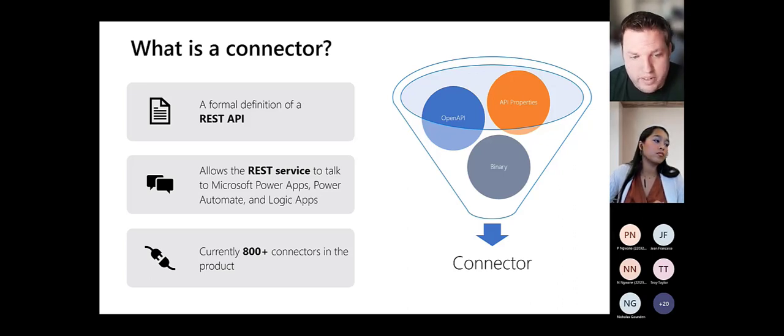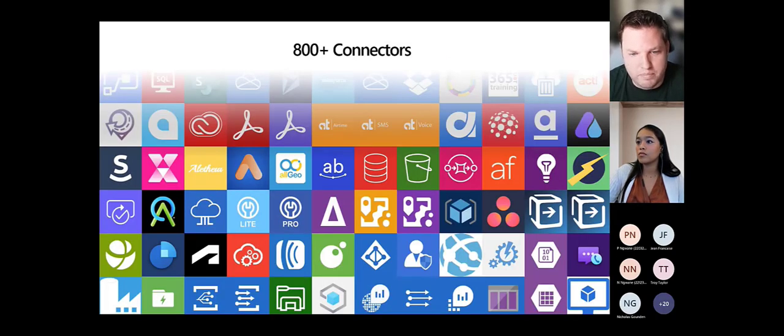There's already more than 800 connectors in the product, which is really impressive. And there are a bunch of them in here. You can get a connector, for instance, for Box, for Dropbox, for DocuSign, for Dynamics 365, for GitHub, for all kinds of products. You can use connectors.